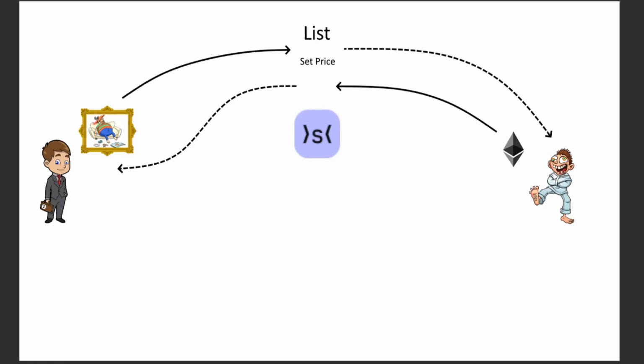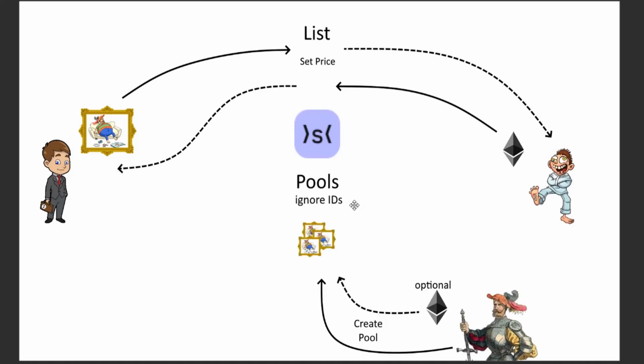However, this is where SudoSwap gets different, and they have another option where they have these pools, okay? Now, anyone can create a pool. It's permissionless, but let's say, for example, Caesar here is creating the pool for his project, right? So he could launch his project on SudoSwap and just put all the NFTs in here, right? And then it's basically like a sale, like an initial sale, and people could then come and buy these NFTs from this pool, right?